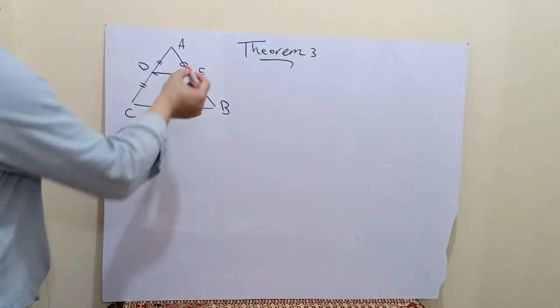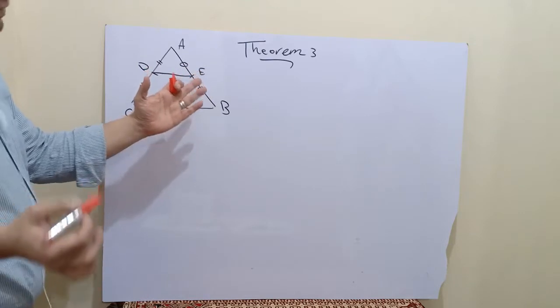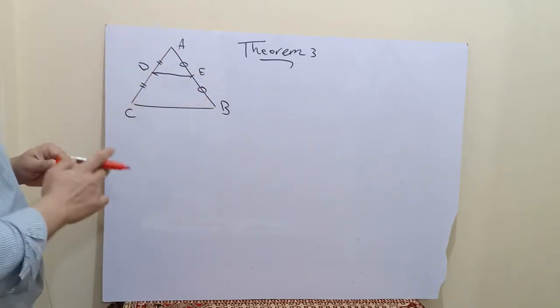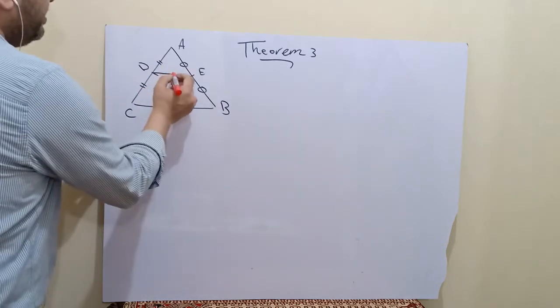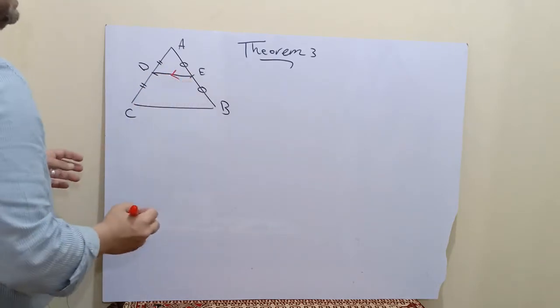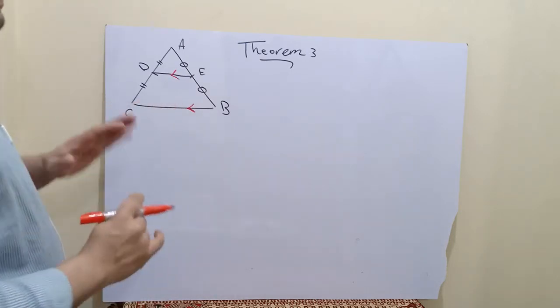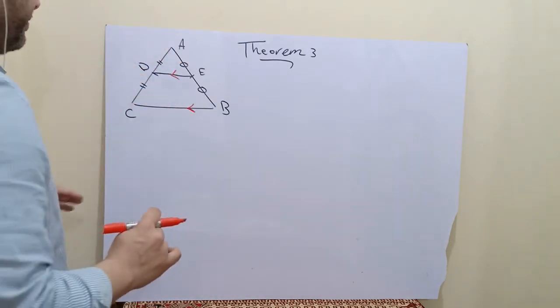Number one, since E is a midpoint of AB and D is a midpoint of AC, then line segment ED parallel to line segment BC. Okay, this is a first point.